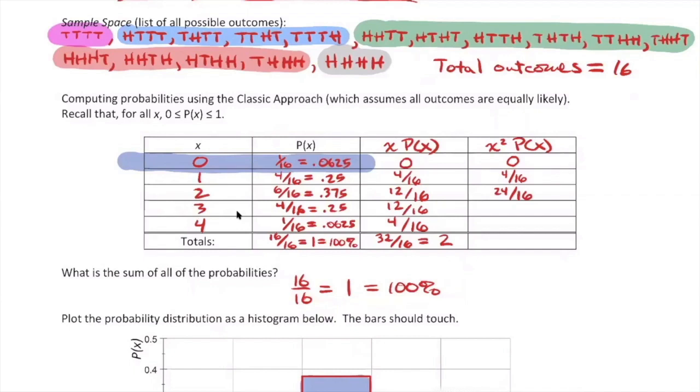Okay, now 3 squared is 9, and 9 times 4 is 36. That's 9 times 4/16 is 36/16. So these get kind of big. And then 4 squared is 16. And 16 times 1/16 is 16 times 1, 16 sixteenths.